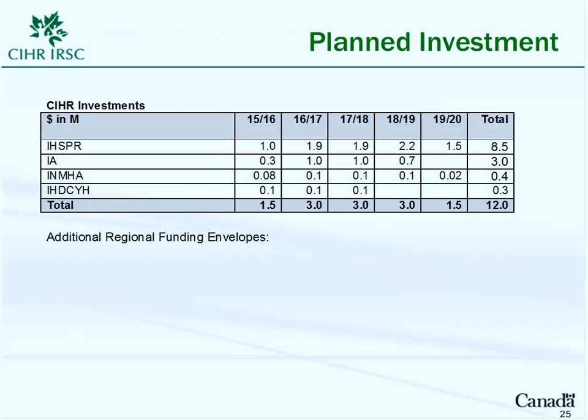The investment that CIHR will be making is $12 million. I think this has increased slightly to $12.5 million. And that will be matched with a one-to-one dollar match coming from the applicant partners. So a total of approximately $25 million.